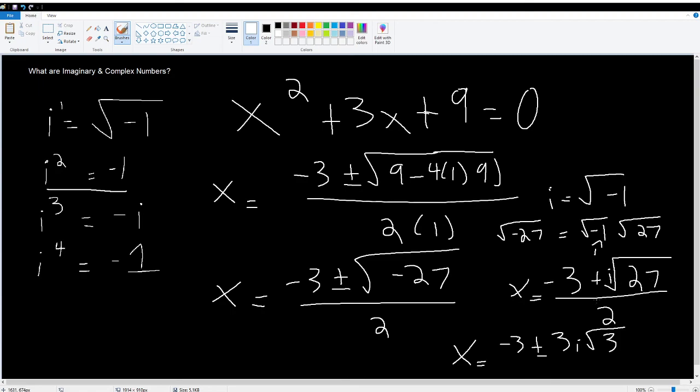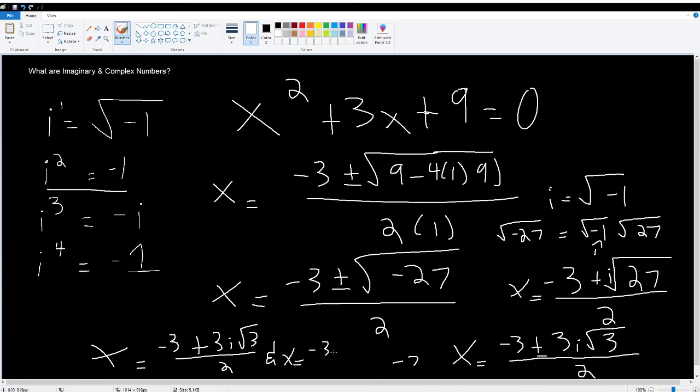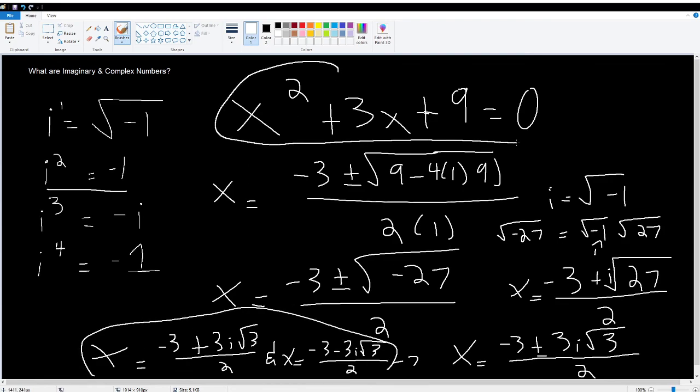The square root of 9 is 3, and the square root of 3 you just leave as is, all over 2. So my solutions are x is equal to negative 3 plus 3i times the square root of 3 over 2, and x is equal to negative 3 minus 3i times the square root of 3 all over 2. Both of these answers satisfy the equation we have, x squared plus 3x plus 9.